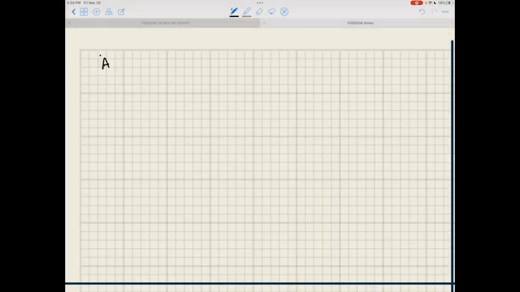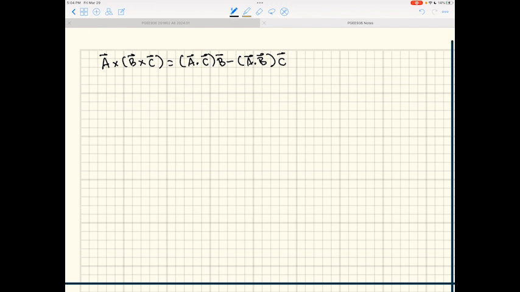So we want to demonstrate the distribution property of the triple vector product, which is this one. First of all, if B and C are parallel, let's say that C is a multiple of B, the result is going to be 0. The left-hand side is 0.